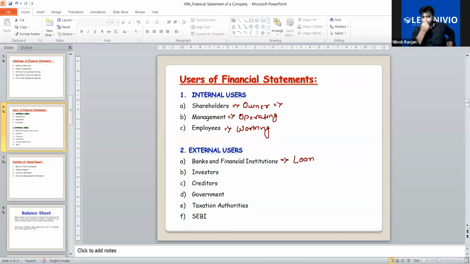If the company is in a good position, they will know it by seeing the financial statement and they can give the loan. But if the company is in a bad position, then there may be some problem. Like if they give the loan to the company and the company becomes bankrupt, insolvent, then they will not get their money back. So that's why banks and financial institutions want to know about the company.